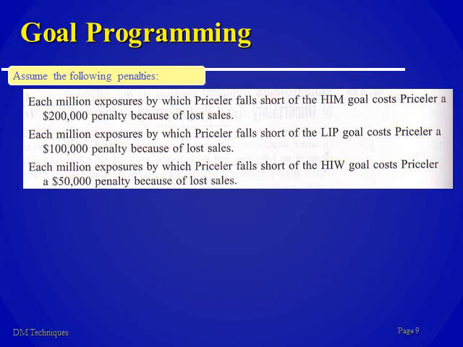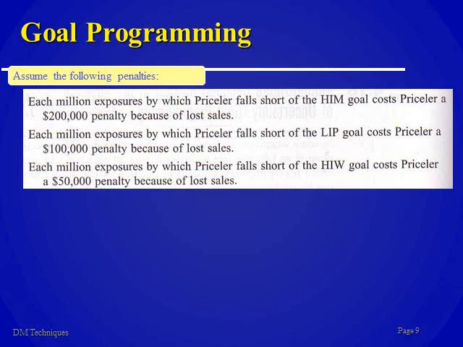What if you want to emphasize meeting goal number 1 before any other goal, and then meeting goal number 2 before the other goals, etc.? What you want to do is add penalties in such a way that the penalty for goal number 1 is much bigger. This is a little bit fuzzy, but we'll talk about that in the next few slides.